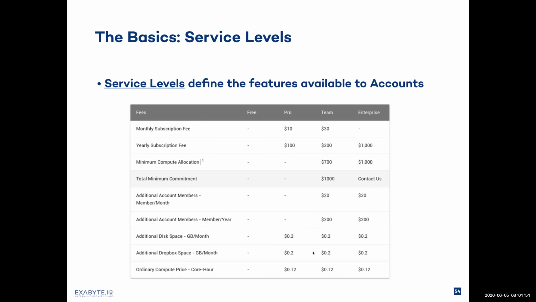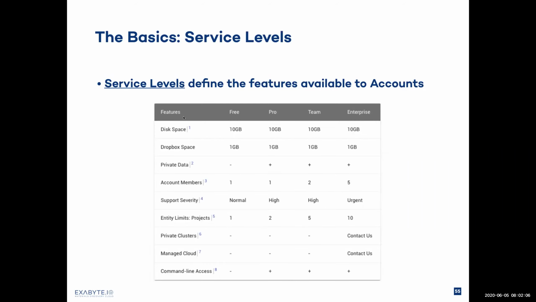If they want to work together with someone else, with other people on their team, they can subscribe for a team account. And for larger teams, for larger calculation usage, we suggest using the enterprise accounts. And there are obviously features, the platform features that are different for each of the service levels. For example, things like support severity, availability of the private data, the number of account members, and other things.